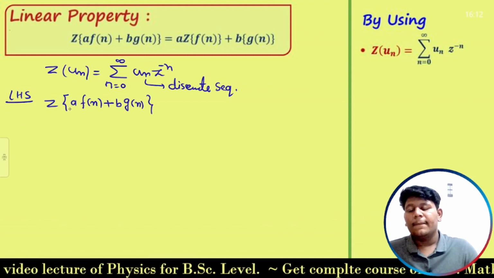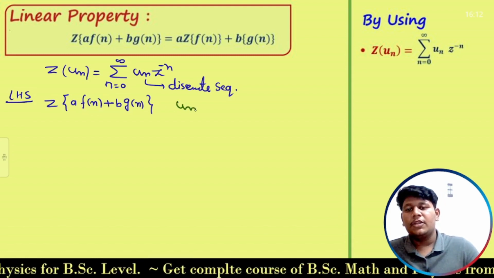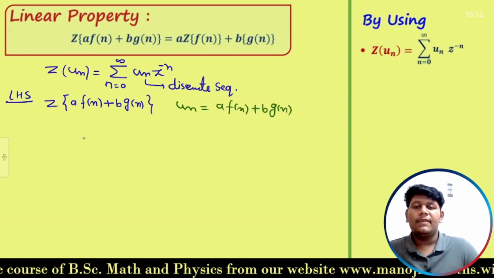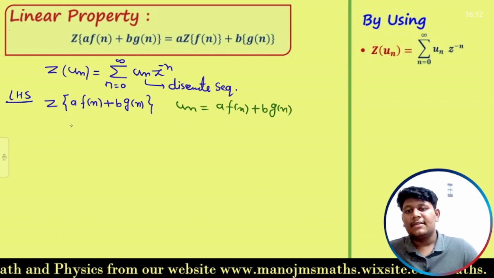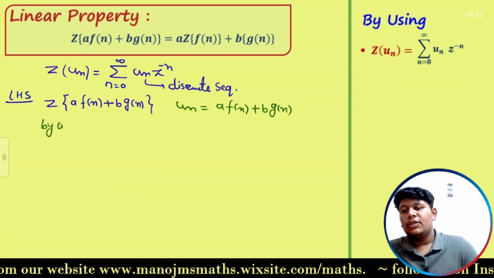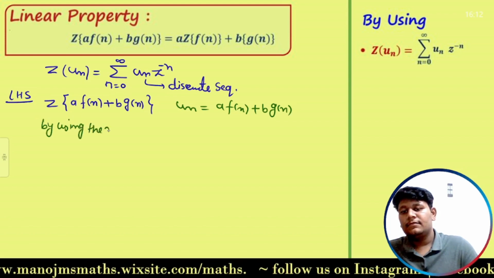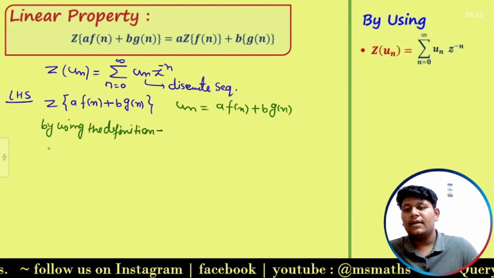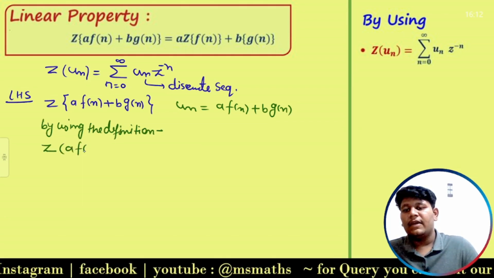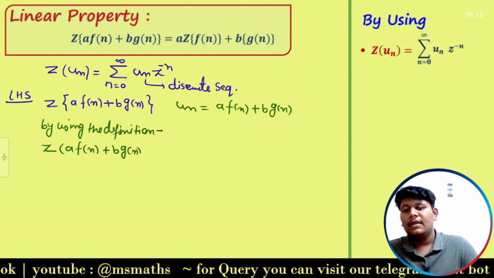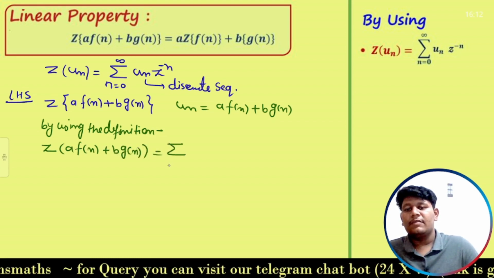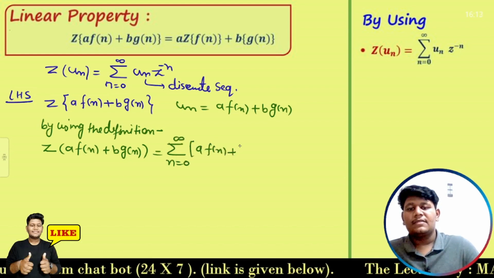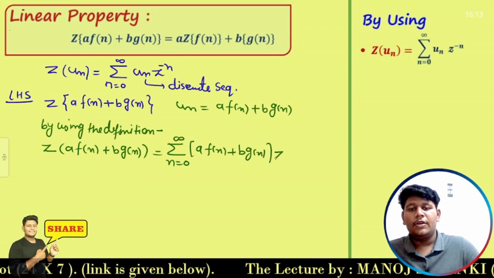Here u_n is nothing but a f(n) plus b g(n), and by using the definition of the z transform, the z transform of a f(n) plus b g(n) is equal to summation n equals 0 to infinity of a f(n) plus b g(n) into z power minus n.